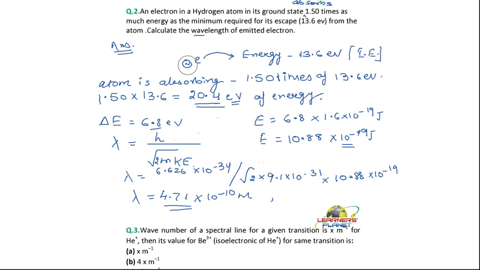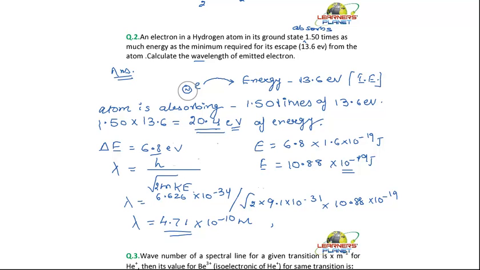I hope there is no confusion over here. I'll just do it again. An electron in a hydrogen atom in its ground state absorbs 1.50 times as much energy as the minimum required for its escape from the atom. Calculate the wavelength of the emitted radiation. It means your atom is absorbing this much energy, that is 1.50 times, so the energy of the electron is becoming 20.4 electron volts.